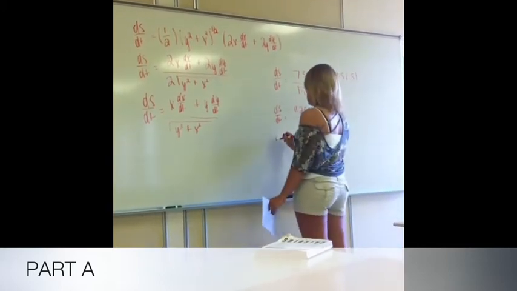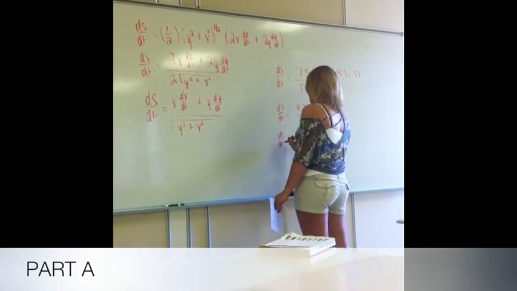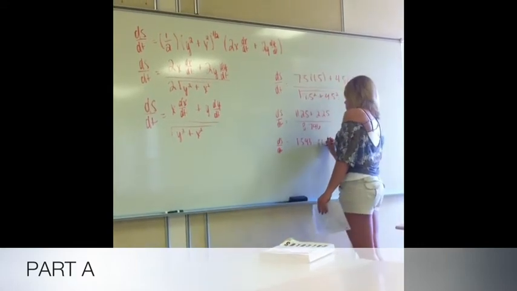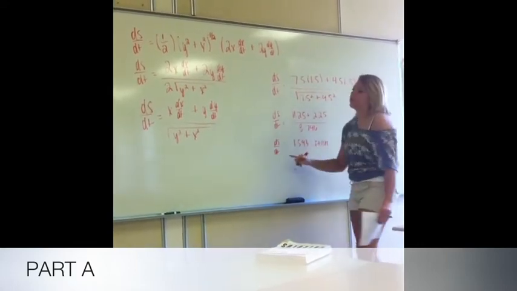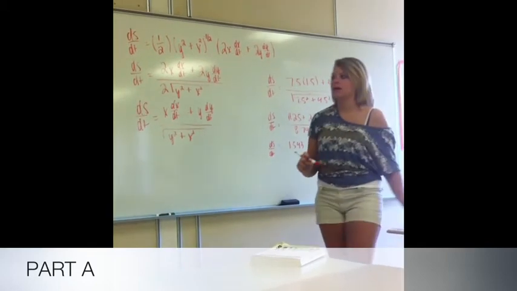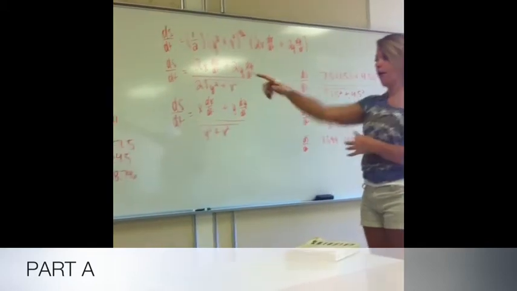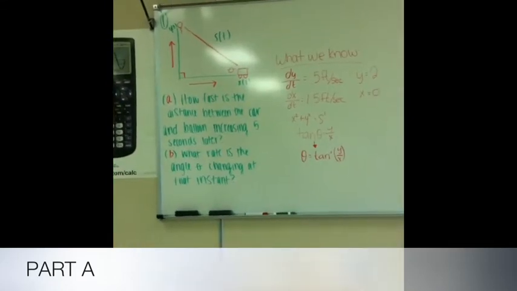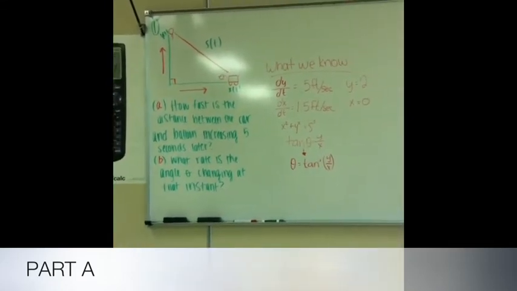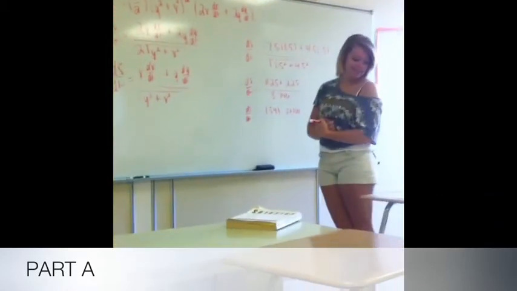So dx/dt is 1.543 feet per second. So that means that the distance between the car and the helium balloon is increasing at a rate of 1.5 feet per second.